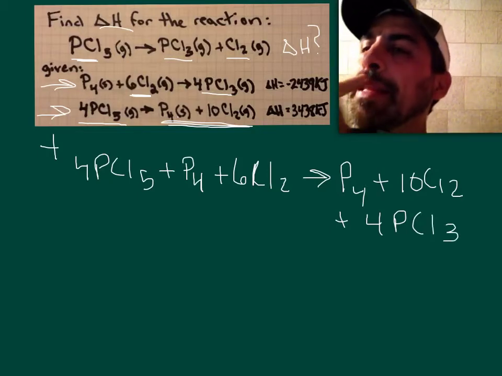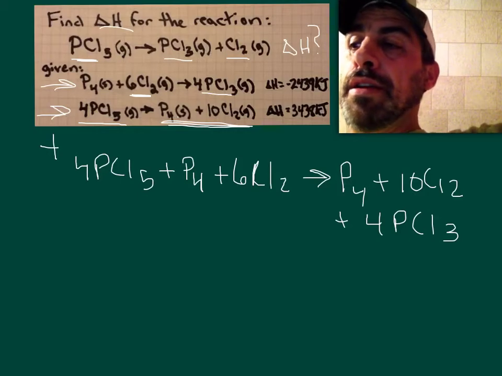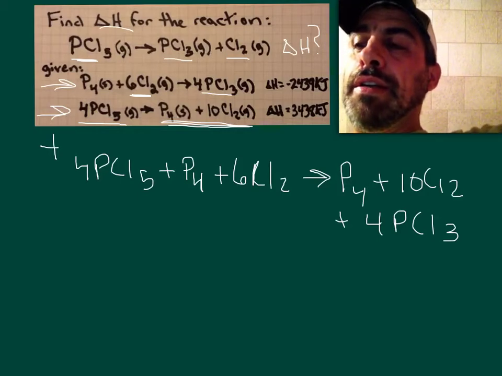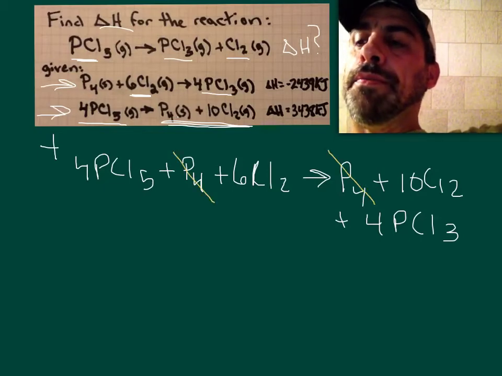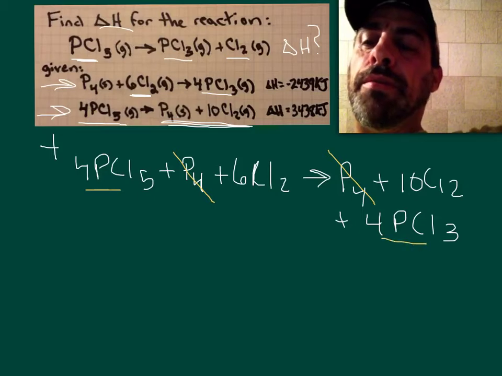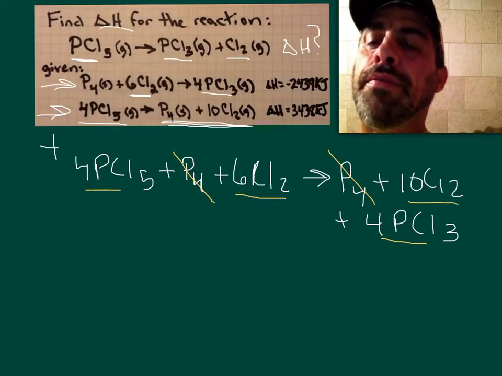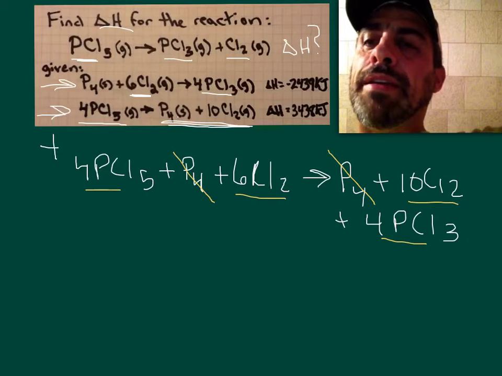Now we can eliminate, or cancel out, any substance that appears on both the reactant side and the product side. So I can see that phosphorus, P4, appears here and here. I'm going to cross it out. PCl5 only shows up on the reactant side, PCl3 only shows up on the product side, so they're not going to cancel out. But I've got 6 chlorine gas here, 10 chlorine gas here. So you can subtract and just see what the leftover is.